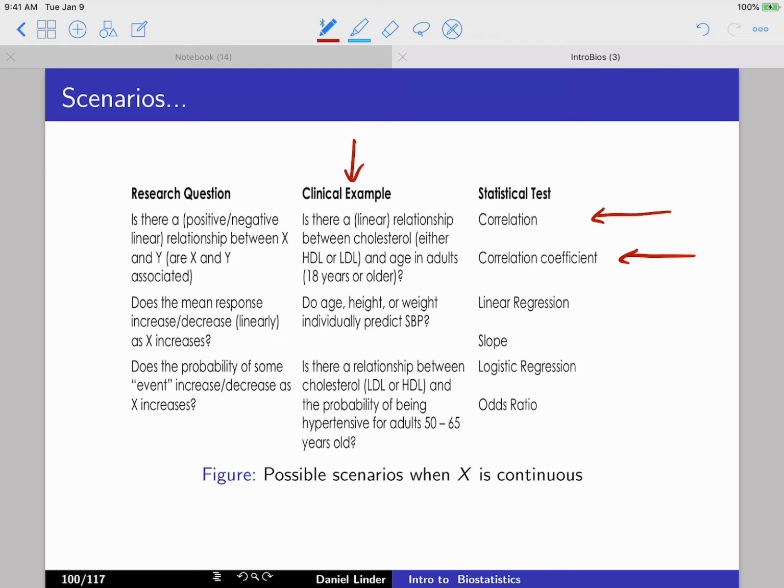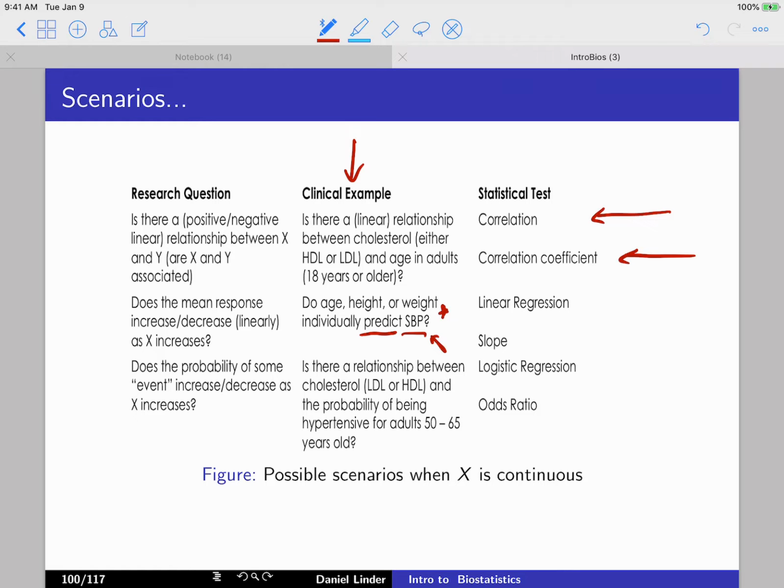You could also ask a question like: do age, height, or weight predict systolic blood pressure? Again, you're interested in the association between a continuous response, systolic blood pressure, and age, height, or weight. In this particular situation, the keyword is predict.